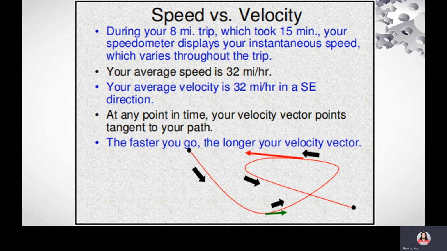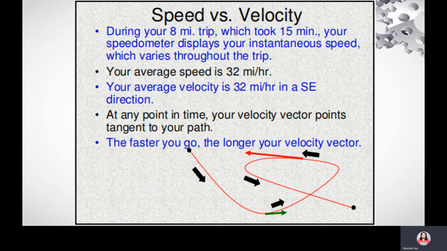So your average speed is 32 miles per hour. And then your average velocity naman is 32 miles per hour in southeast direction. So ang average speed natin, magnitude lang. Ang average velocity, meron siyang direction.